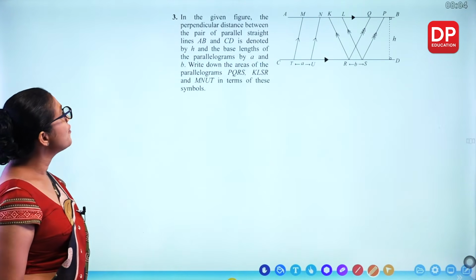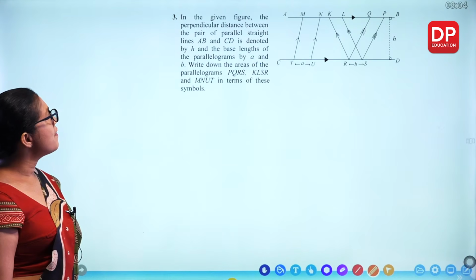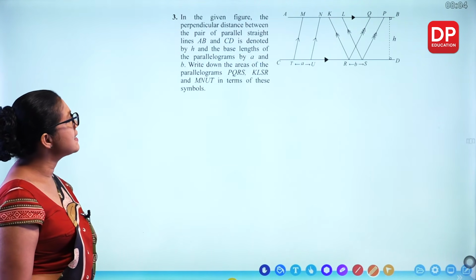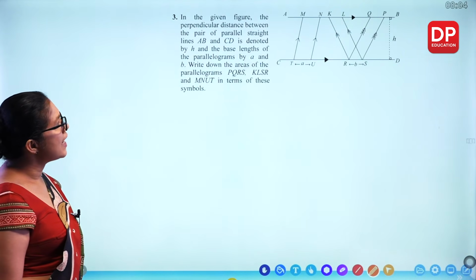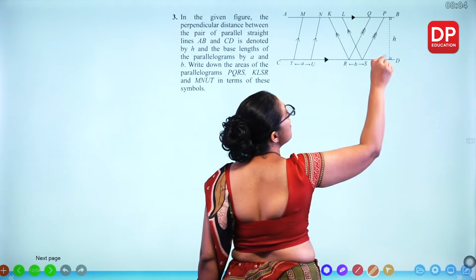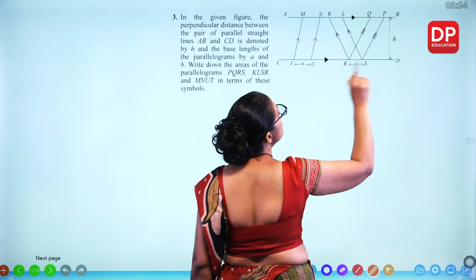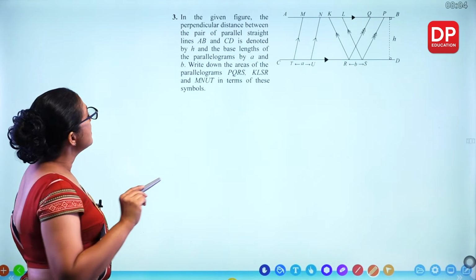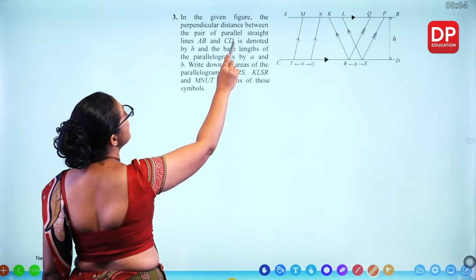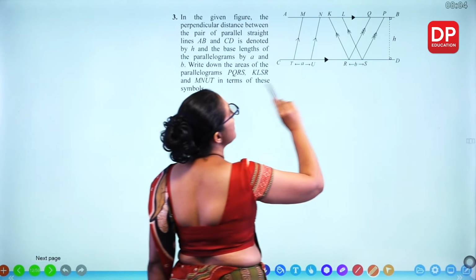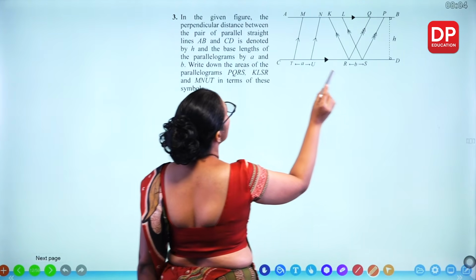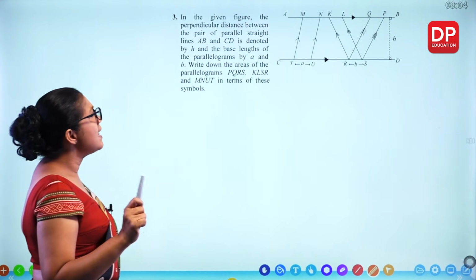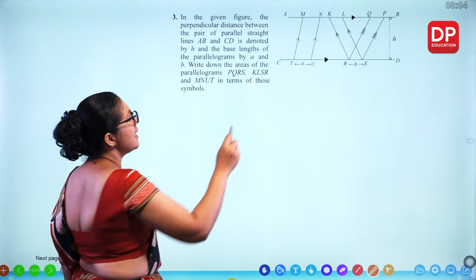Now look at question number 3. In the given figure, the perpendicular distance between the pair of parallel straight lines AB and CD is denoted by h. So this is the perpendicular height or altitude between these 2 parallel lines. And base lengths of the parallelograms by a.